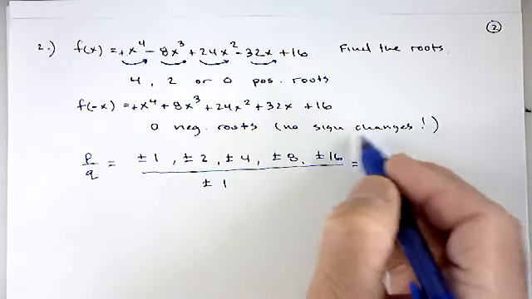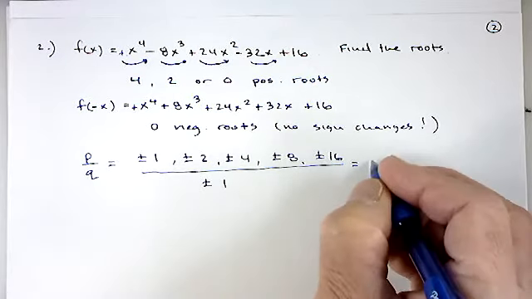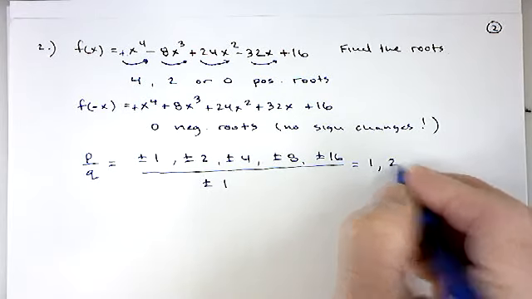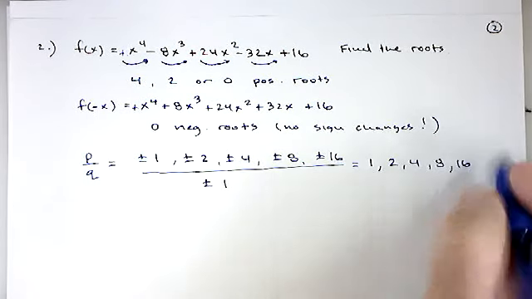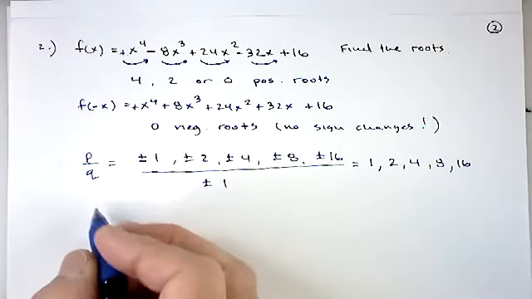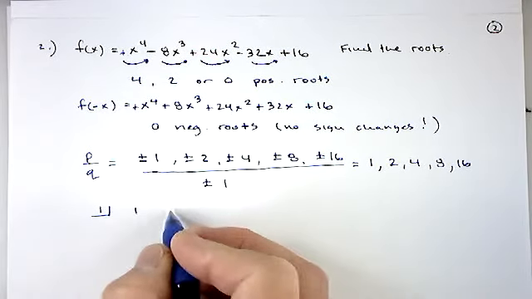But we know since there's no negative roots, we don't have to worry about any of the negatives. The only possible rational roots are going to be positive 1, positive 2, positive 4, positive 8, and positive 16. So it takes out half of my cases that I need to check. So that's pretty useful. We'll start with 1.